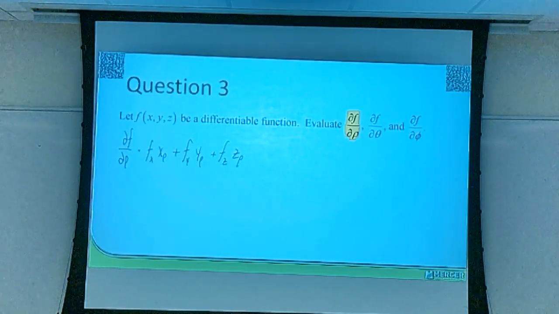Partial of f with respect to x times partial of x with respect to rho, plus partial of f with respect to y times partial of y with respect to rho, plus partial of f with respect to z times partial of z with respect to rho.